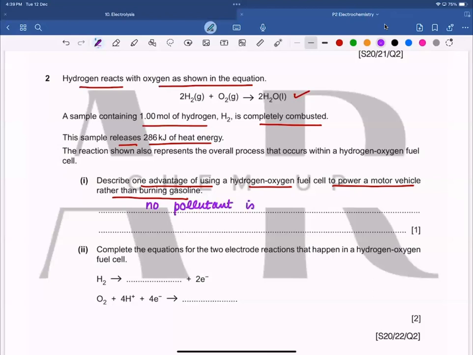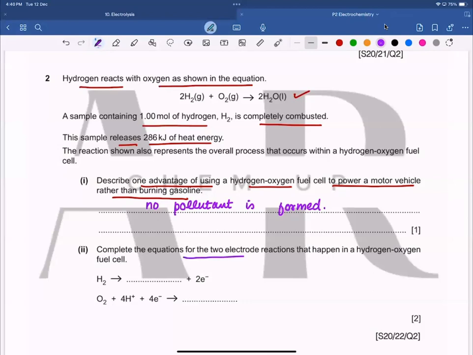Here it's for 1 mark, so one answer is correct. Battery is not used in this. No pollutant is found. The other one is that it is going to produce more energy. It is more efficient than the gasoline, than the petrol, than the diesel. It always produces more energy. So that is another advantage.